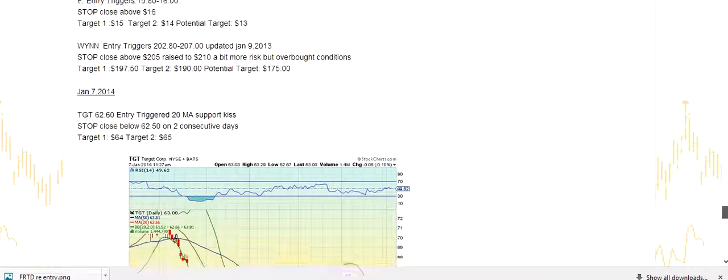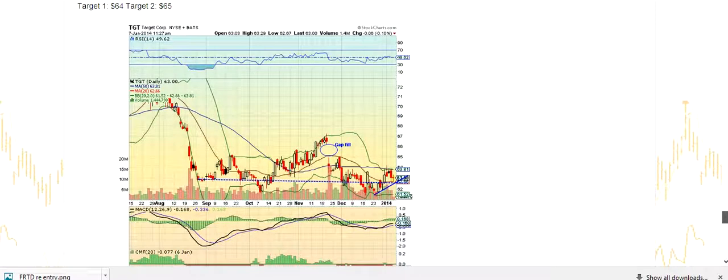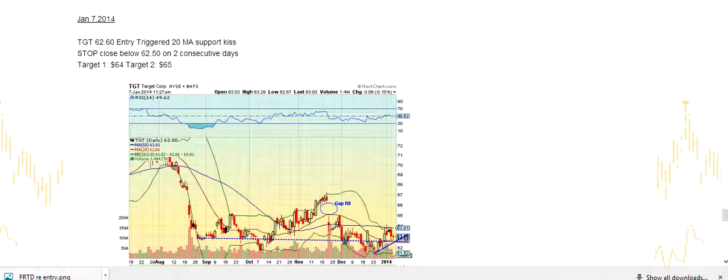Let's take a look at Target. We sent out Target January 7th, with a trigger at $62.60. Target had bad news about fraudulent charges on credit cards, and they also had some credit card numbers given to hackers.